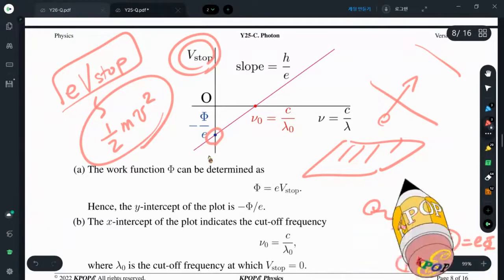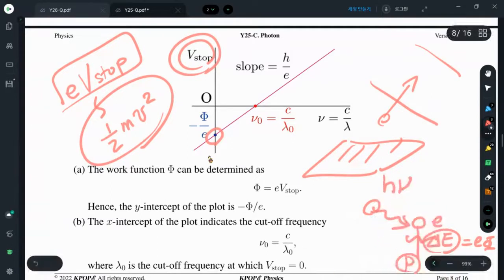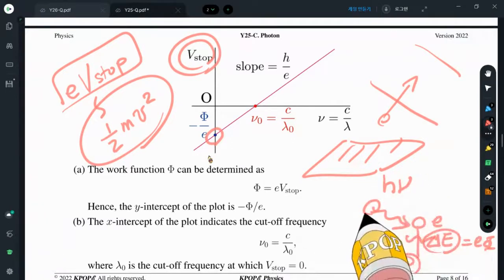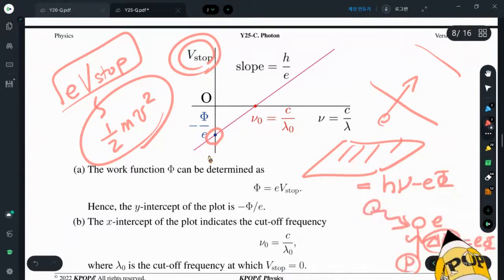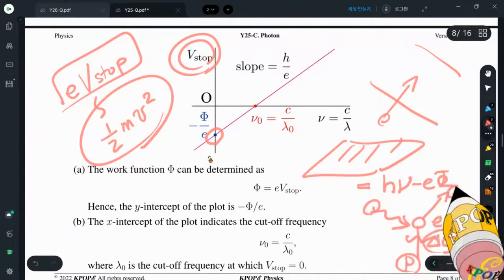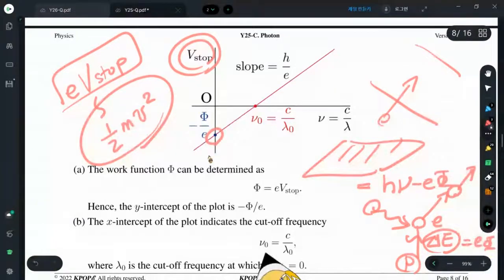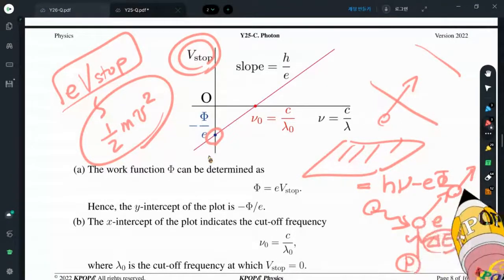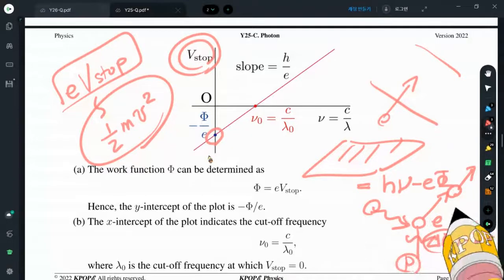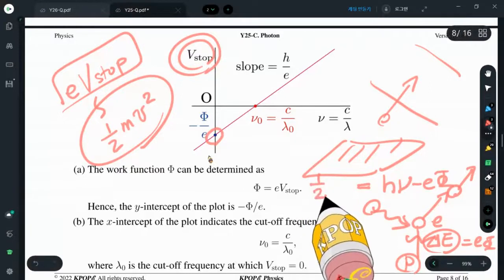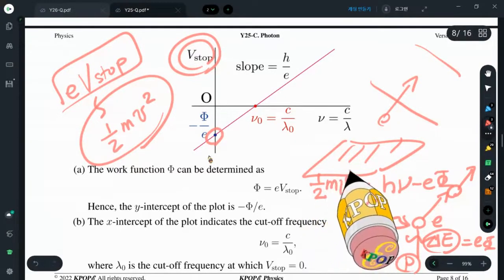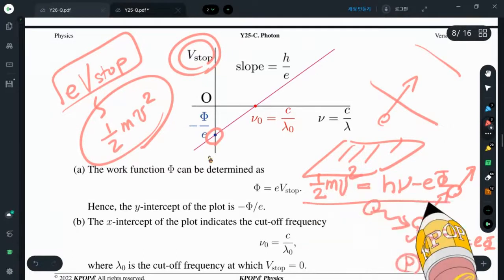Then from the energy of a photon, subtracted by this amount, you will find the remaining energy carried by this photoelectron. Now this electron has been detached from the metal. It can be treated as a free particle. In the non-relativistic limit, it should be a kinetic energy, something like that.